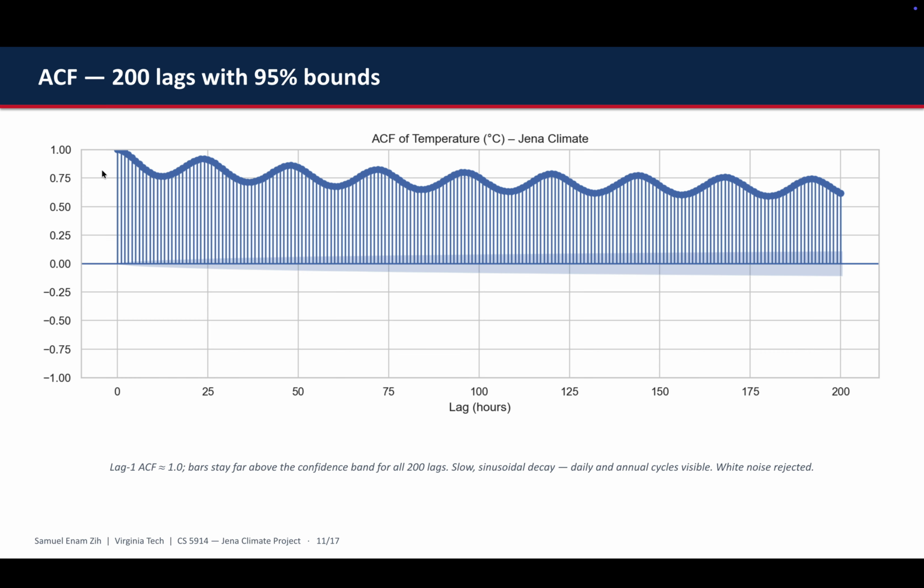White noise is decisively rejected. Third, the decay isn't monotone. It has an oscillating envelope with peaks at multiples of 24 hours and a slower envelope reflecting the annual cycle. Slow ACF decay rules out a pure moving average model and demands an autoregressive component.